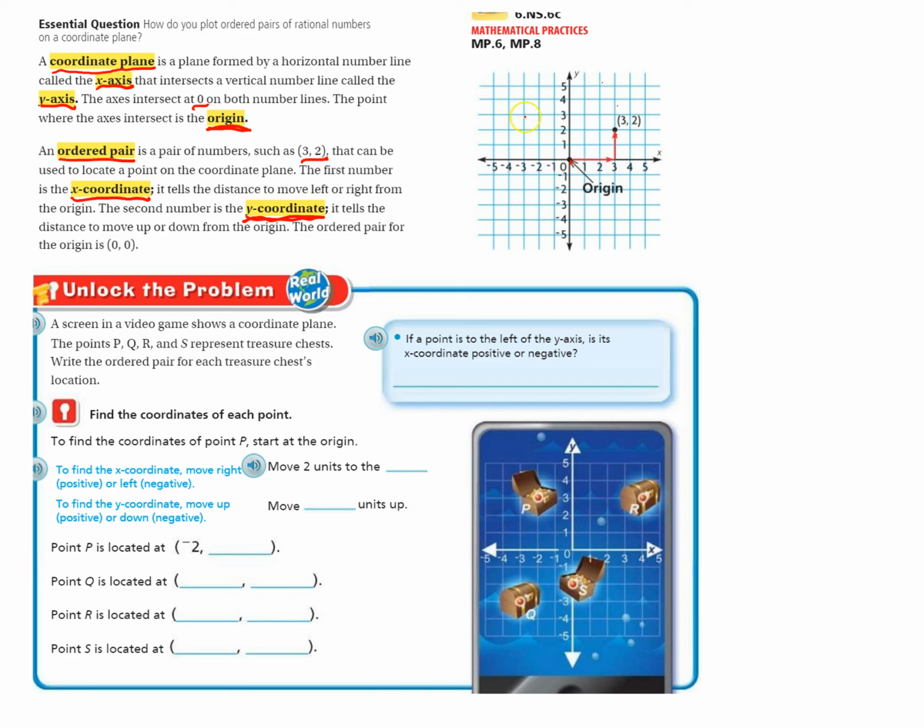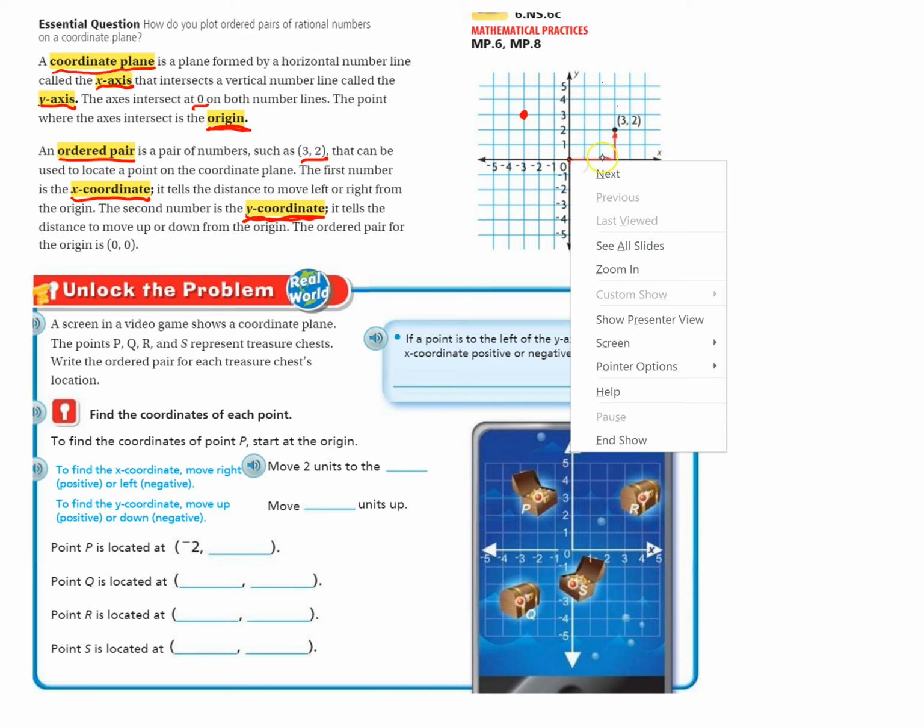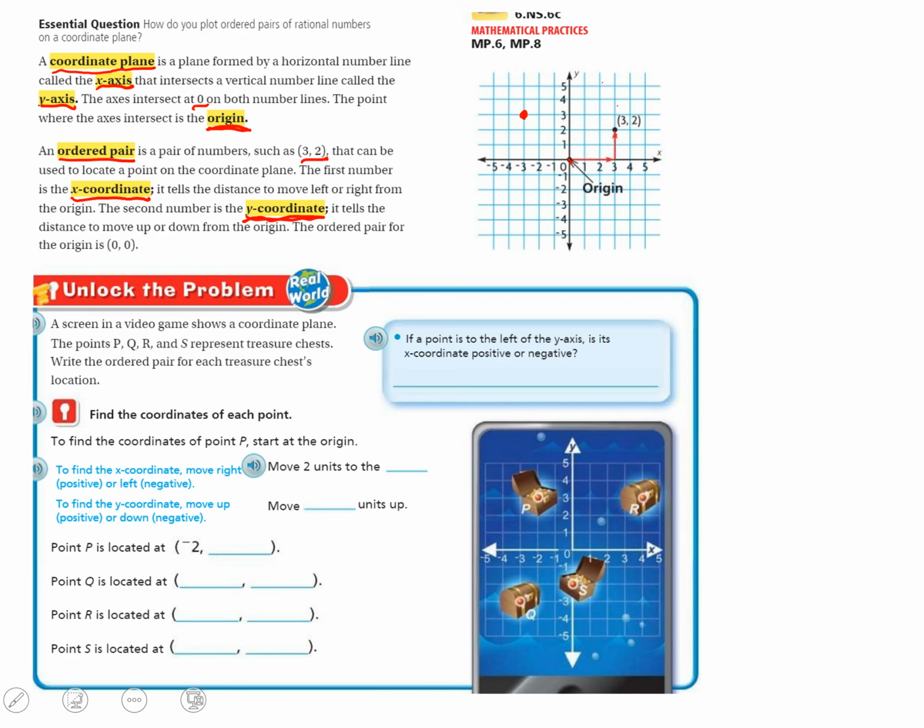Okay, let's do one more. Let's say I had this point. So again, I start at the origin and I start on the x-axis. So to get to this point on the x-axis, I have to move to the left 1, 2, 3. So it's -3 on the x-axis.